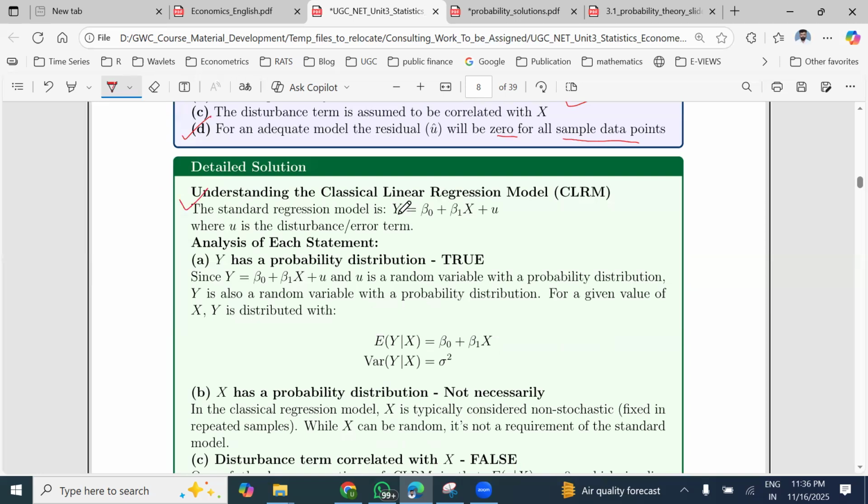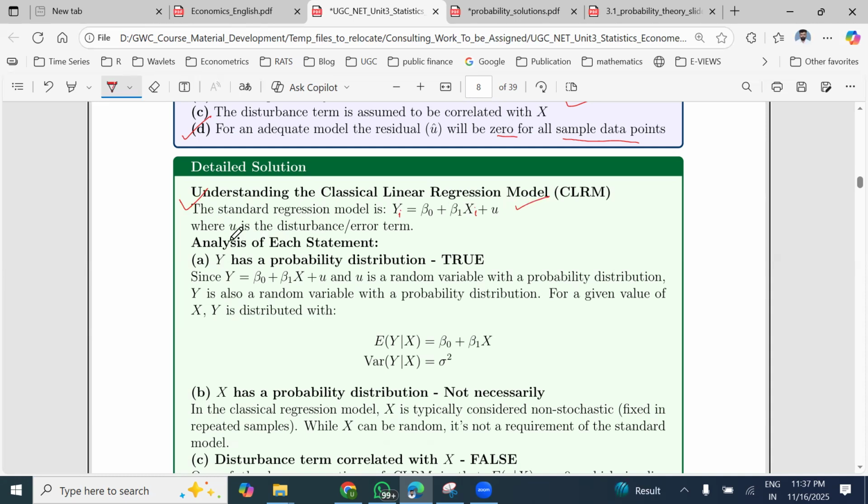I think I told you that day you can write Yi, right? And here it is Xi. So Yi is equal to beta naught plus beta 1 Xi plus U. Is this equation you have remembered, Sangeeta? Yes, sir. We have read this.